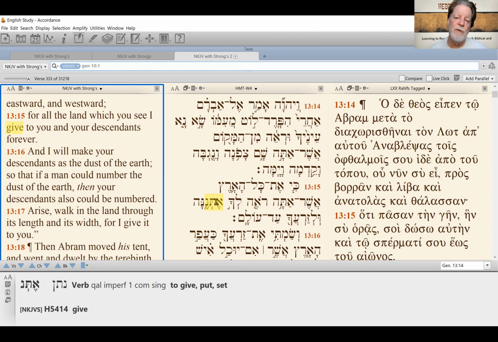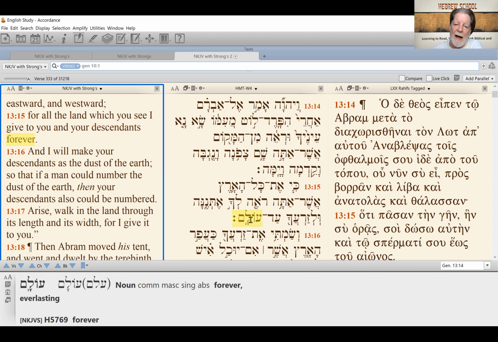So you got nun, tav, nun, and it means to give. You got the aleph prefix. God is saying, I will give to you, or I will be giving to you, and u lazaracha. Zara is seed. It can be seed that you plant, or it's also the word for your offspring, your children. And he's going to give it to them ad olam. This is one of the Hebrew expressions for eternity, for ages to come.